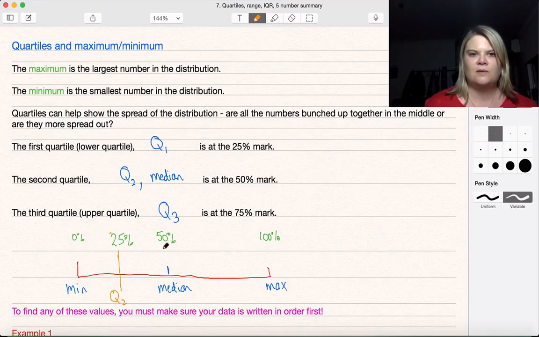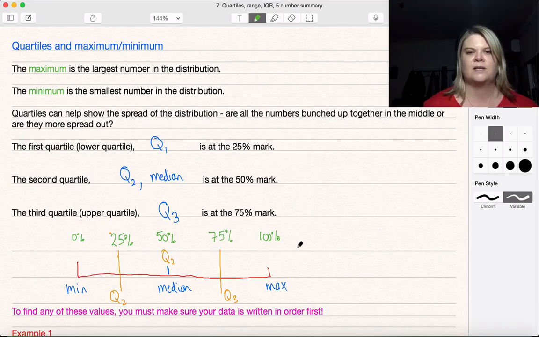And halfway between the median and the maximum is our Q3. Remember, this one here is Q2. Another way for saying it, and we need to label this as 75% mark.